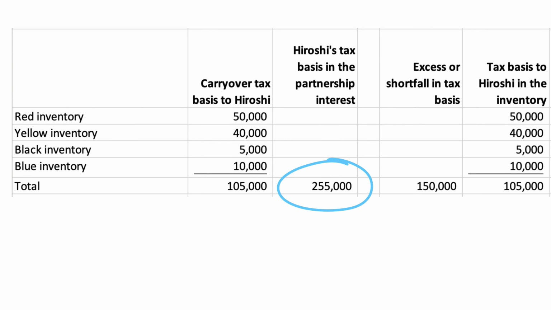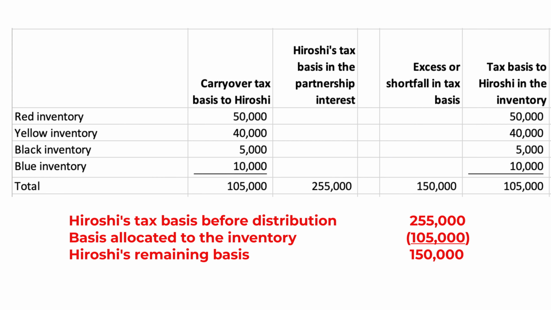Hiroshi has a $255,000 tax basis in the partnership, more than enough for his 50% share of each type of inventory to continue with the same tax basis it had within the partnership. After allocating partnership basis to the inventory, Hiroshi has a $150,000 tax basis remaining in his partnership interest. If this is a continuing partnership, nothing else needs to be done.